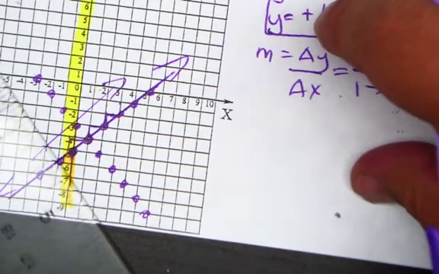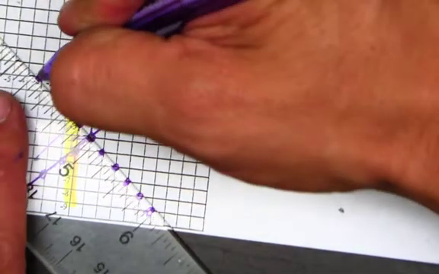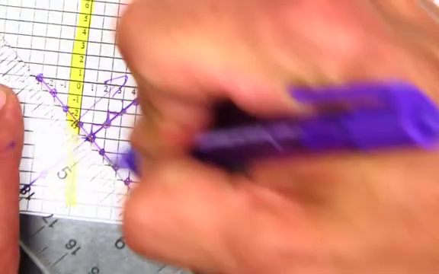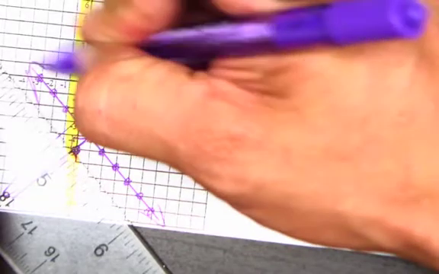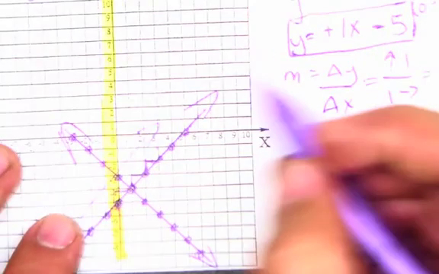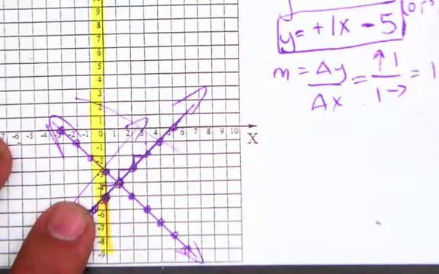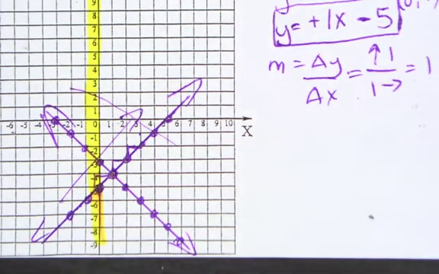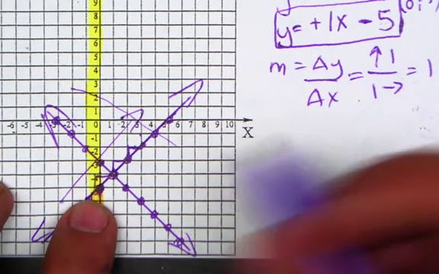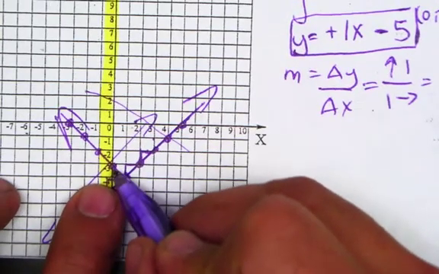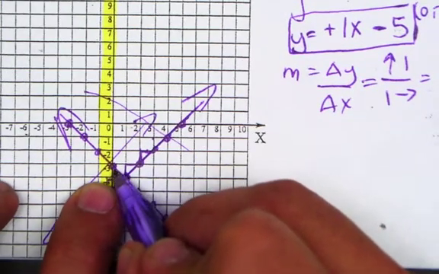So let's try this one. So what's your y-intercept? Right here. What number is that? Negative 3. So then you do m is the change in y over the change in x. So remember, we're going down, so we know that it's negative, right?